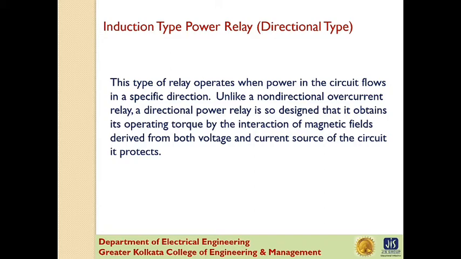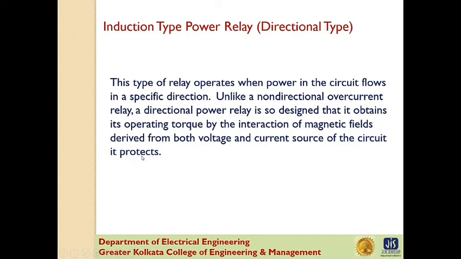Next is the induction type directional power relay. This type of relay operates when power in the circuit flows in a specific direction. Unlike a non-directional overcurrent relay, a directional power relay is so designed that it obtains its operating torque by the interaction of magnetic fields derived from both voltage and current source of the circuit it protects.